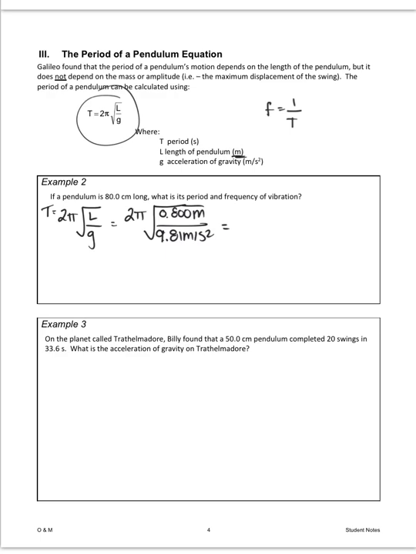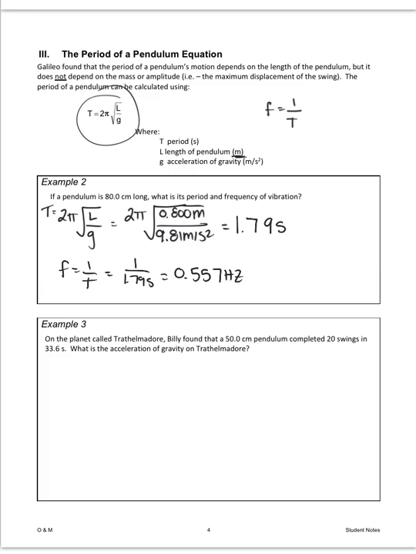When we calculate this all out, just noting again that you're square rooting the fraction and then multiplying by 2 pi, make sure your order of operations is correct in your calculator. We get 1.79 seconds. From there, frequency is equal to 1 over T, so 1 over 1.79 seconds, we get 0.557 hertz.